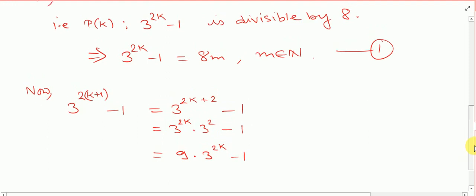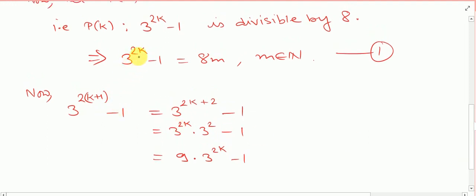Okay, so here you get, now see over here, I want to get 3 to the power 2k minus 1, but here I have 9 into 3 to the power 2k. So what I can do is, I need minus 1, so here I can do this, 9 into 3 to the power 2k minus 9 plus 9 minus 1.